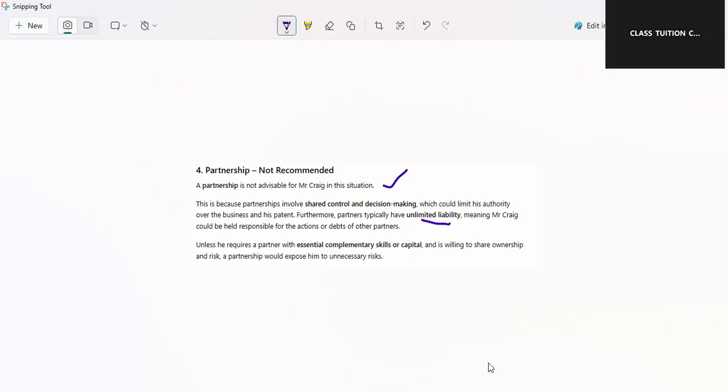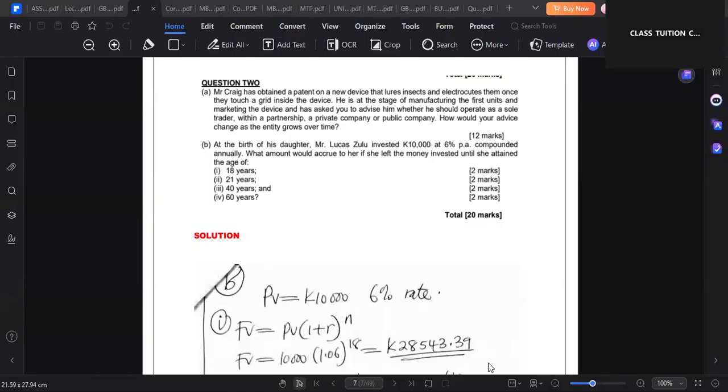All right. Then you also go to the public limited company. Why would I advise Mr. Greg to go for that one? You also explain what is involved in the private and the large scale company, which is the public limited company. What did we say about public limited company? The requirement of what?